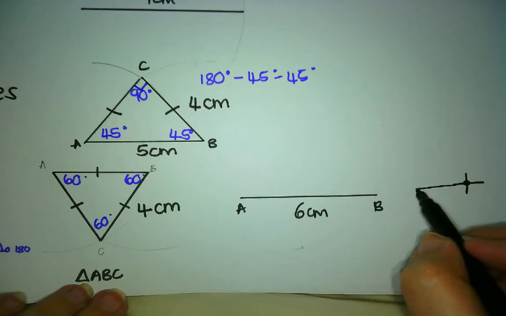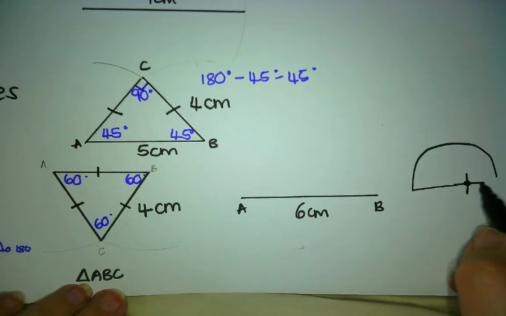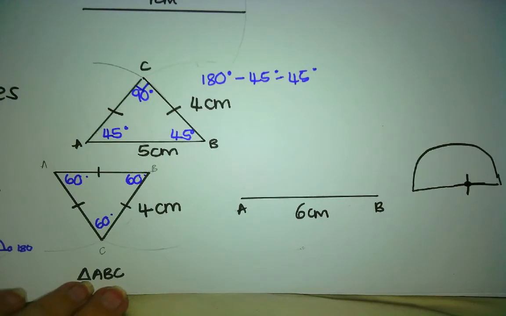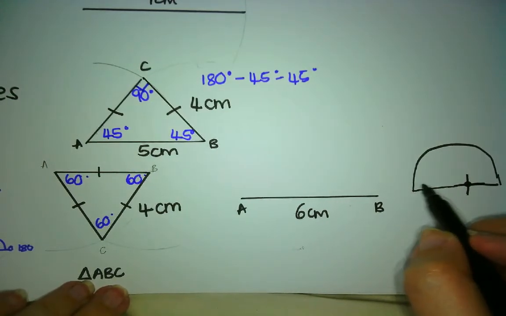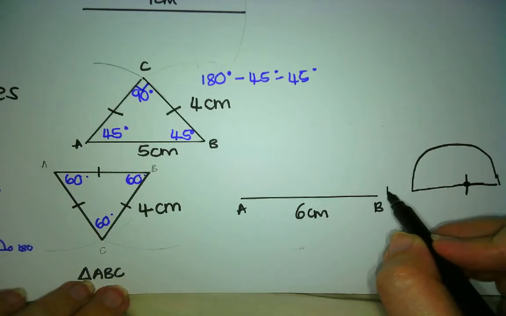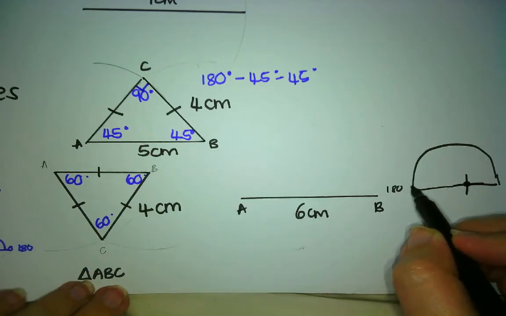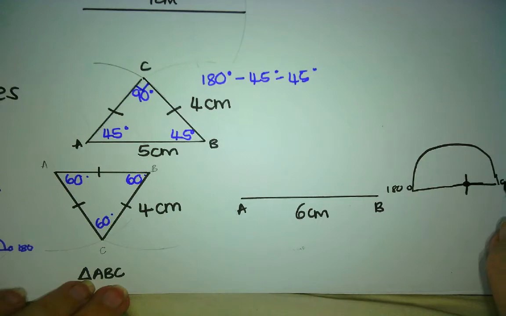And then it's got the curve, and then it's got the naught and the 180, or the 180 and the naught.